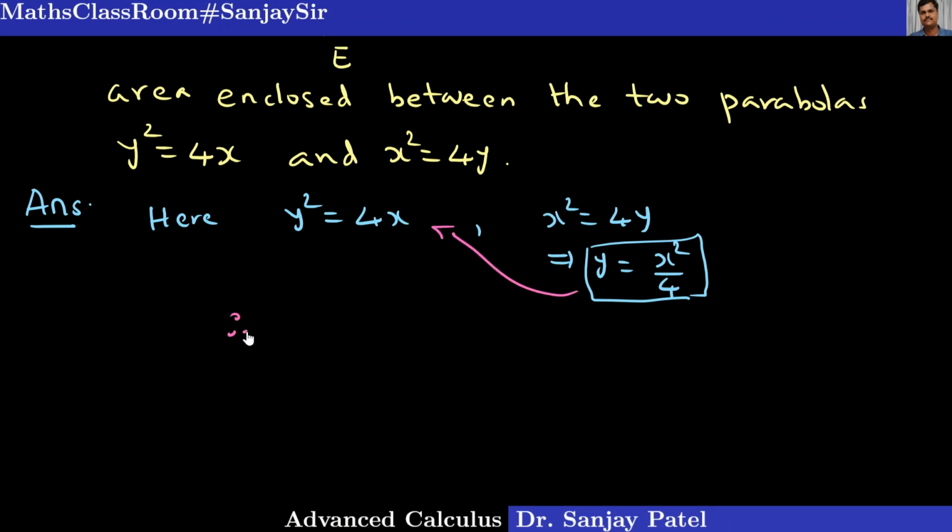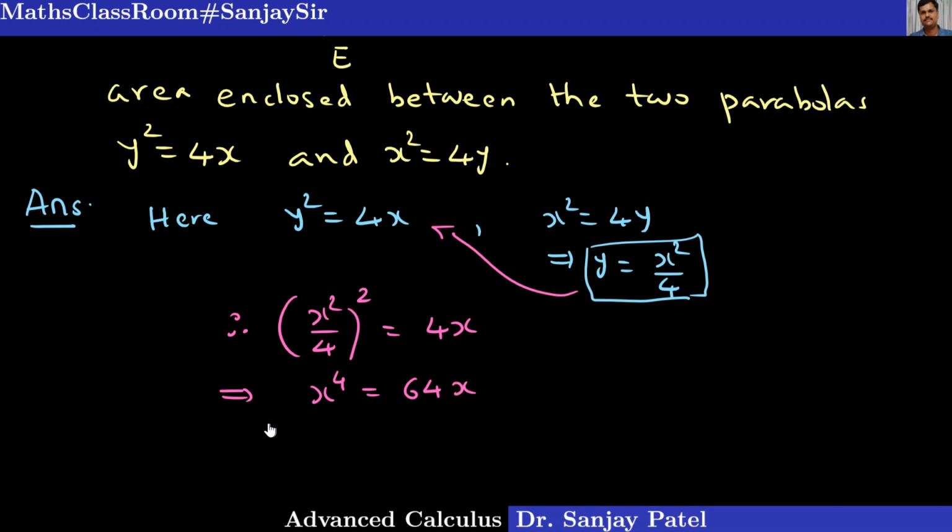So therefore we get (x square by 4) square is equal to 4x, and simplifying you will get x to the 4 by 16, and 16 if you take on this side it is 64 times x.